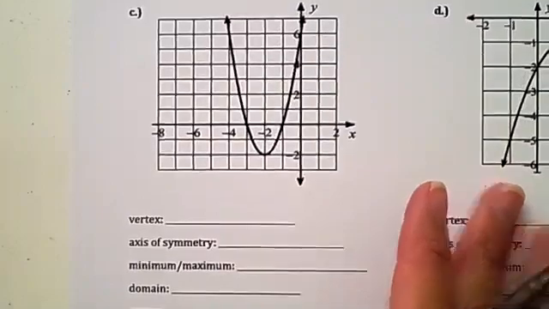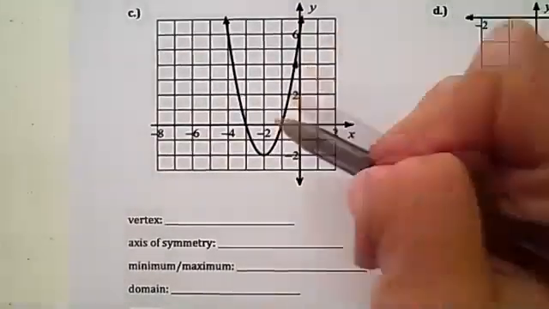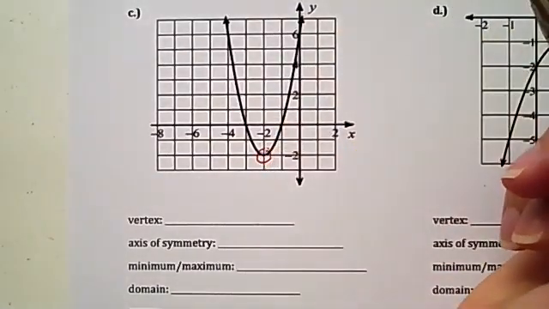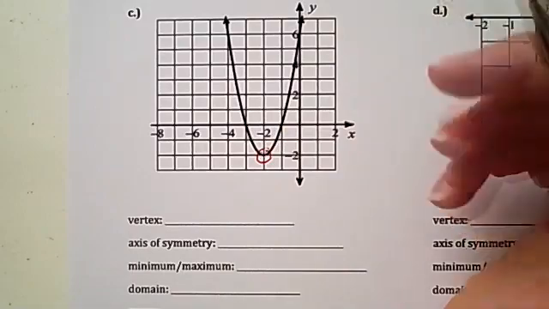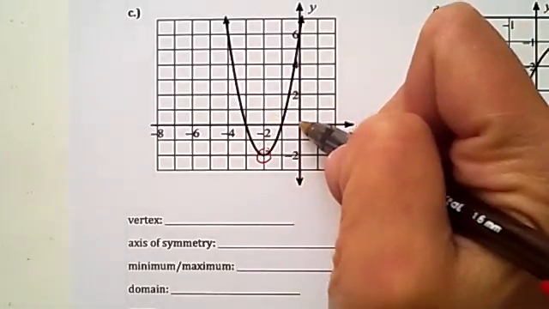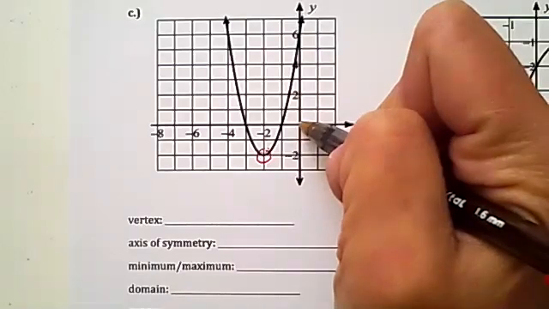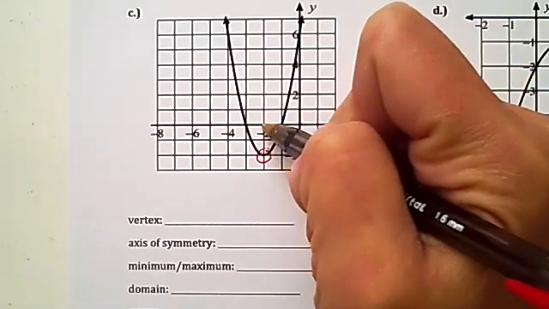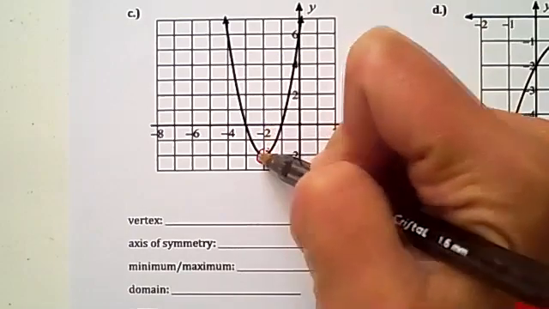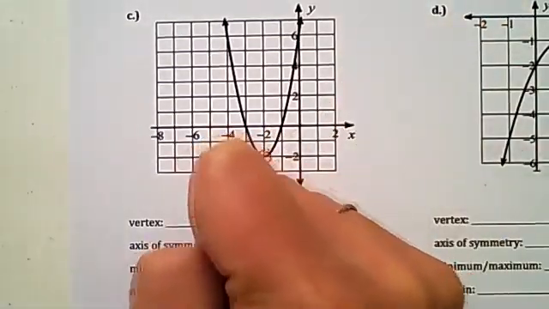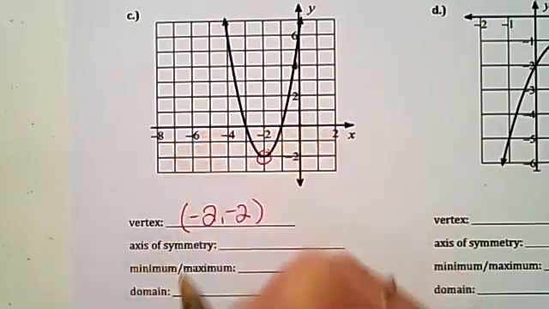So again, vertex. Now we don't have an equation, so we can just look at the picture. That's the vertex, so we just have to identify that ordered pair. If we're starting at the origin, remember to get an ordered pair, you go left and right first. So -2, and then up and down, down 2. So that's going to be -2, -2 for the vertex.